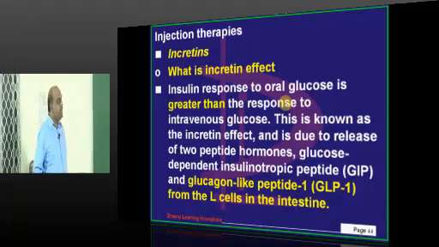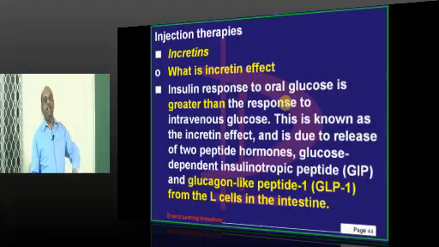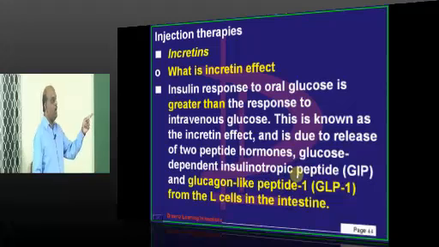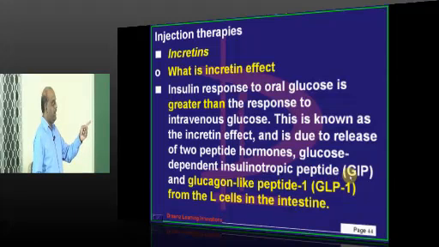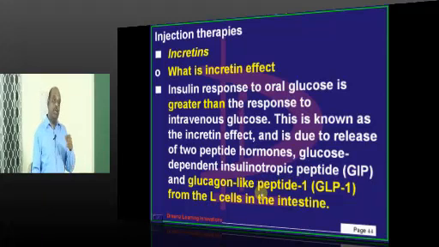And what is the reason for it? If you orally take glucose, it will cause the release of what is called glucose dependent insulinotropic peptide, the GIP, and GIP. It will also lead to release of glucagon like peptide, GLP-1, from the L cells in the intestine.